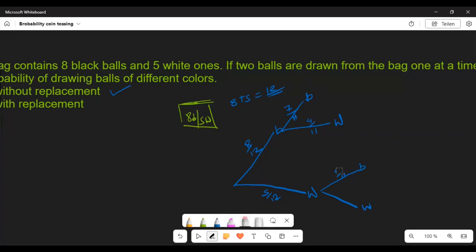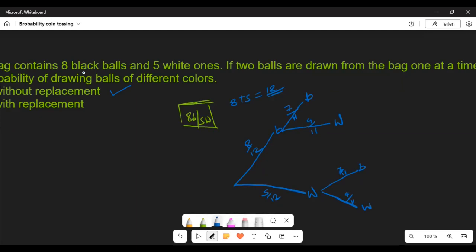So let's say the probability of getting this is going to be 7/11, and this is going to be 4/11. So the total probability here should be 1.